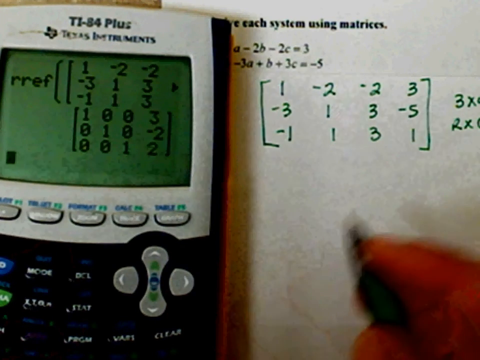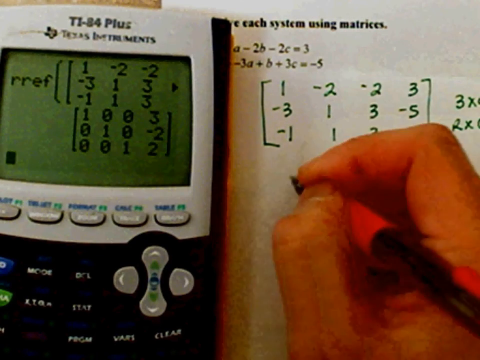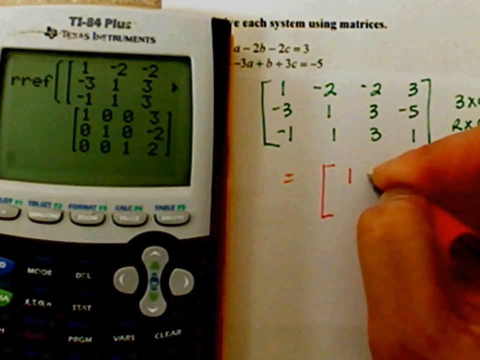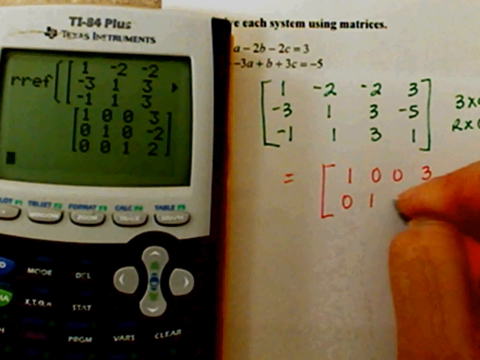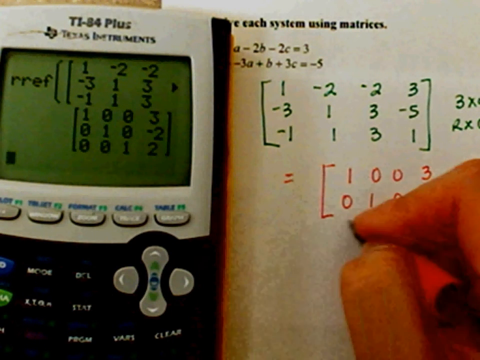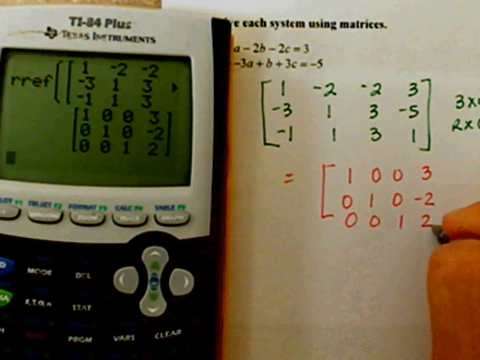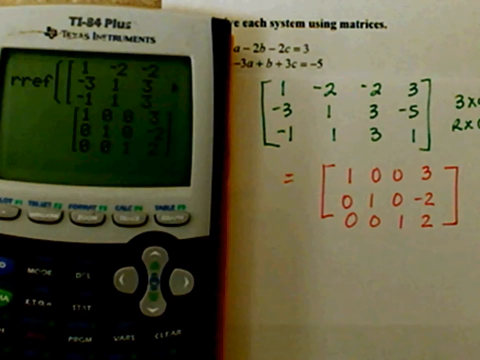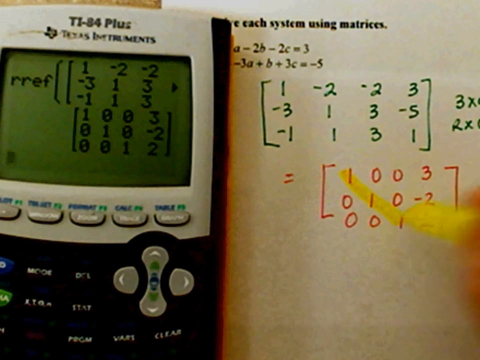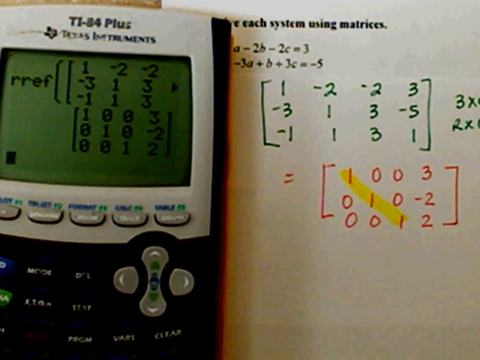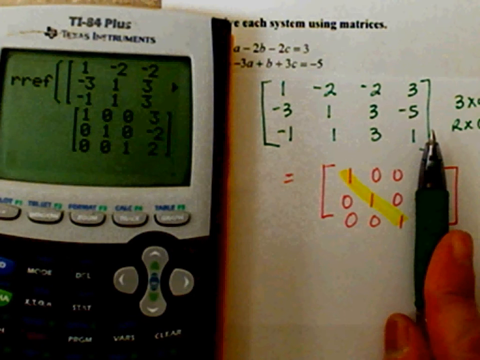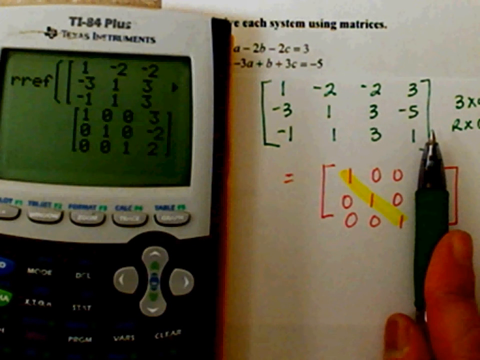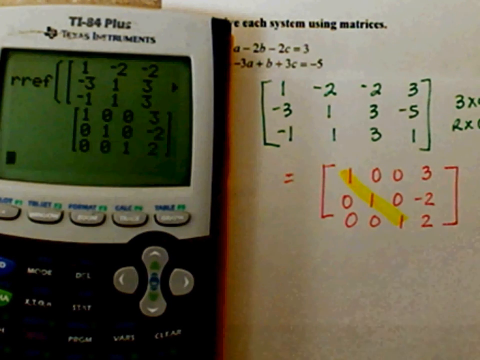So your solution, you have a 1, 0, 0, 3, 0, 1, 0, -2, 0, 0, 1, 2. Okay? Notice how the 1 lines up. That kind of gives you a clue you have a right answer. Notice everything to the left of the last column is zeros and ones, which are binary numbers.